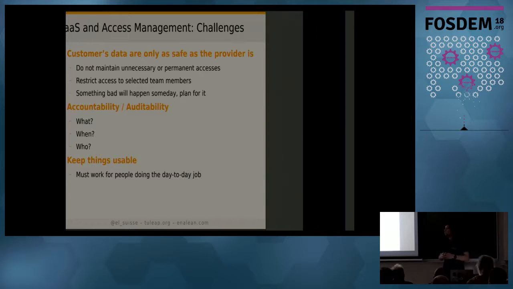So basically, you want to know who accessed the customer's data, the customer instance, and when. You also need to keep things usable, because when you do security, sometimes you do things that are great on paper, but when you use them every day, they're really hard to use, so people get a bit angry with it, and you need to find a way to ease the process.